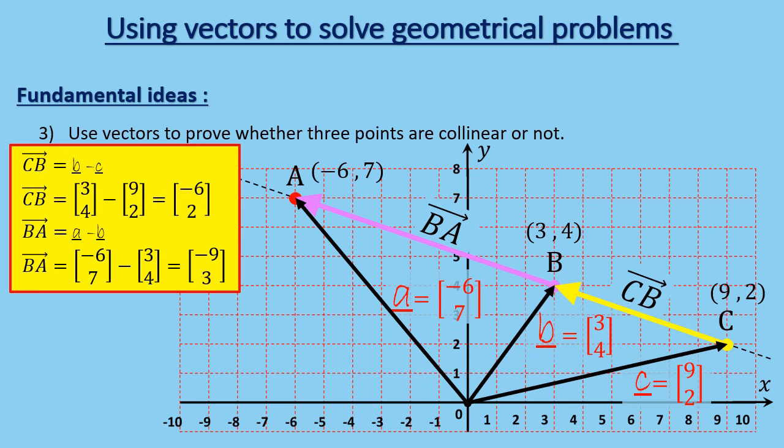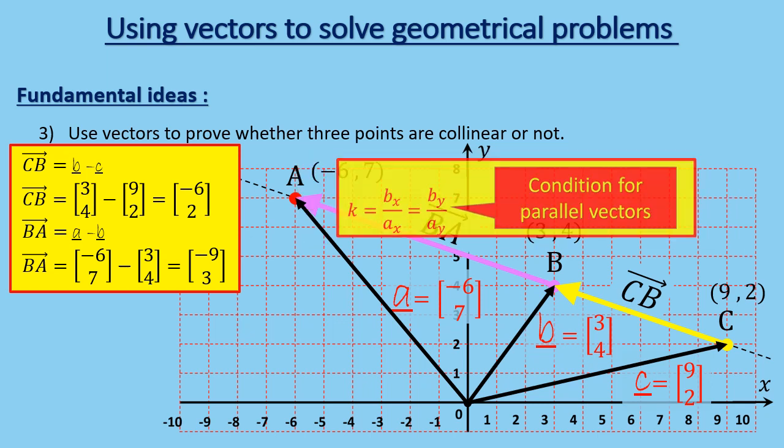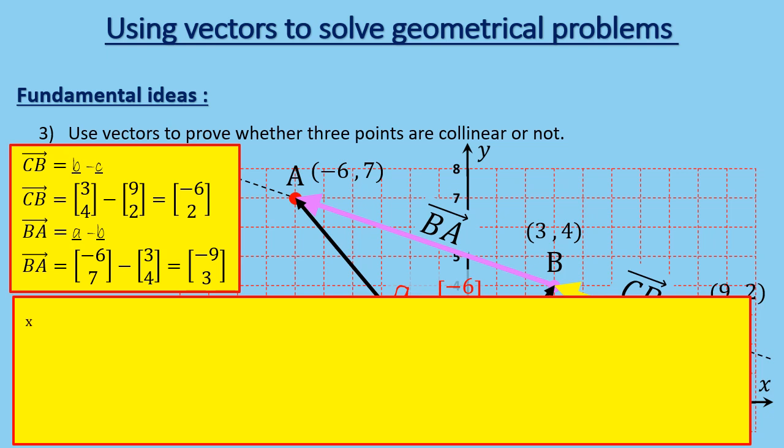As we previously learned, two vectors are considered parallel if they have the same direction, meaning their component ratios are equal. To determine if vectors CB and BA are parallel, we can compare the ratios of their components. The ratio of the x components of vector BA to vector CB is -9 divided by -6, which is equal to 1.5.